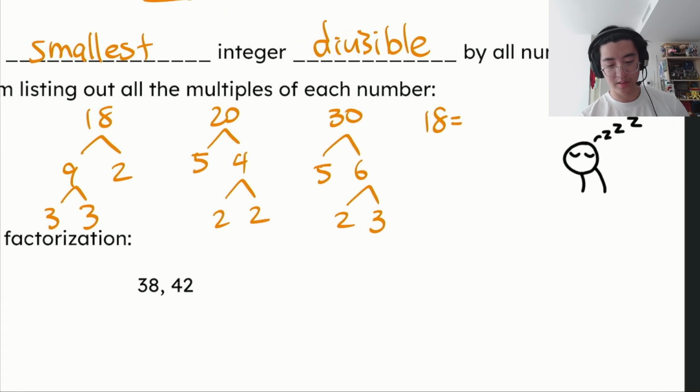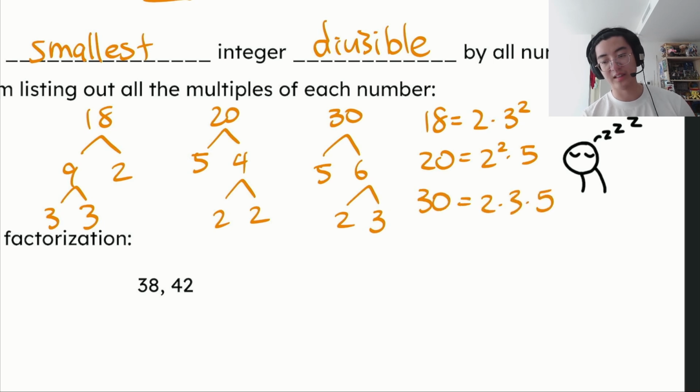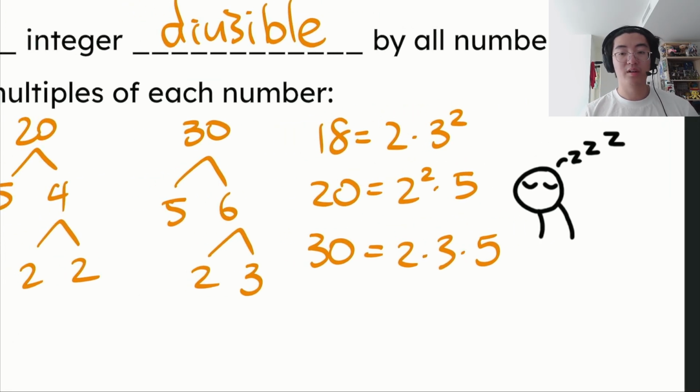Now with least common multiple, it's a bit easier to write them in their exponent forms, because what we do now is we take the factor with the highest power. Right, so we take all the factors, we multiply all the factors together, but we only take the factor with the highest power. So for the power of 2, we get a 2 squared, the highest power.